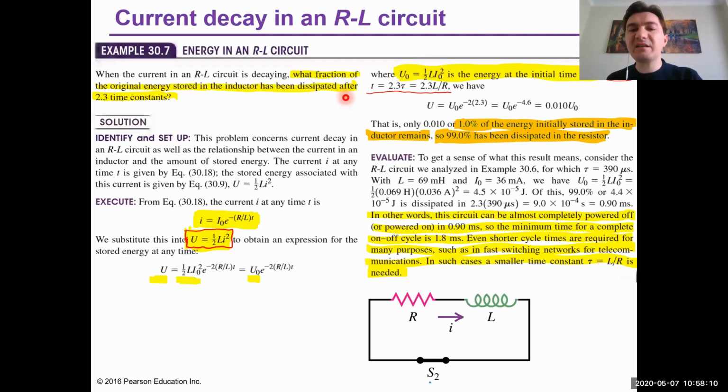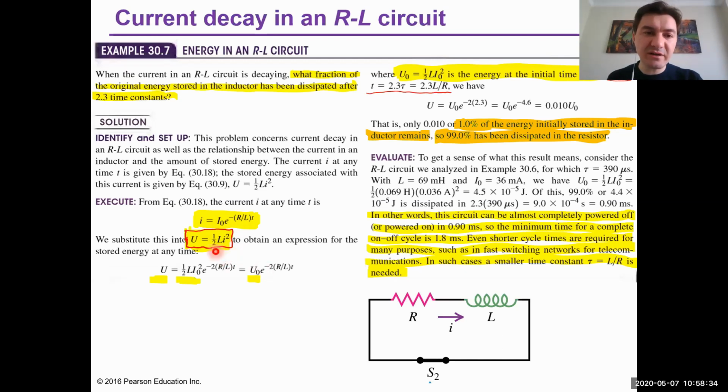So at the beginning, energy is stored here. Whenever we close that switch, the energy will be dissipated here, right? So the question is, after a certain time, what fraction of the initial energy stored in the inductor has been dissipated? So now let's have a look at the energy.